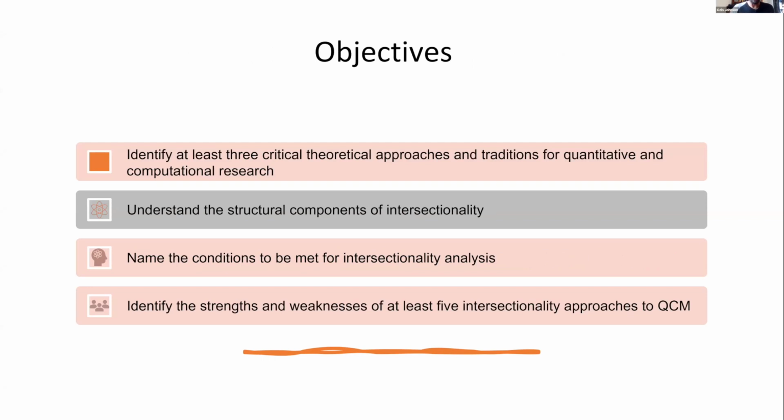So the objectives, we're going to identify at least 3 critical theoretical approaches and traditions for quantitative and computational research. We're going to understand, hopefully, the structural components of intersectionality, at least one version of that. And then we're going to name the conditions to be met for intersectionality analysis. And then also identify the strengths and weaknesses of at least 5 intersectionality approaches to QCM.